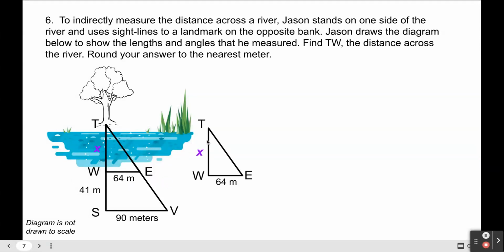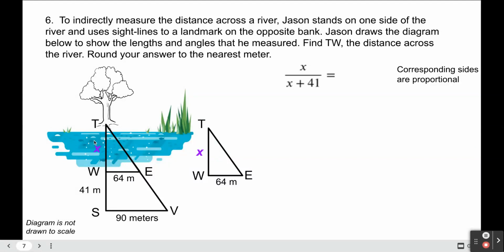You can draw that smaller triangle off to the side so that you can line it up with the larger triangle, which would be similar triangles. So when we set up our ratio, the corresponding sides will be proportional. So notice X from this smaller triangle will correspond to the whole length of the larger triangle, so X plus 41.